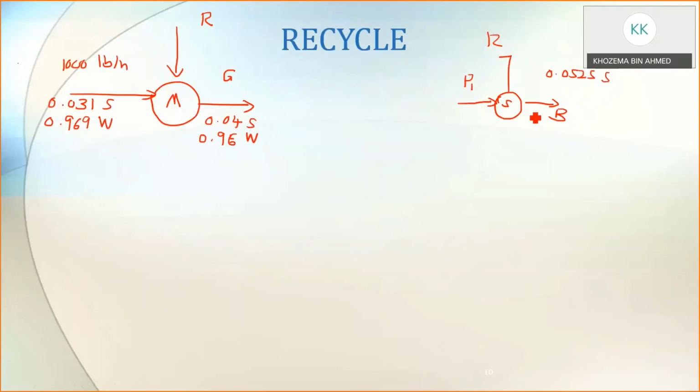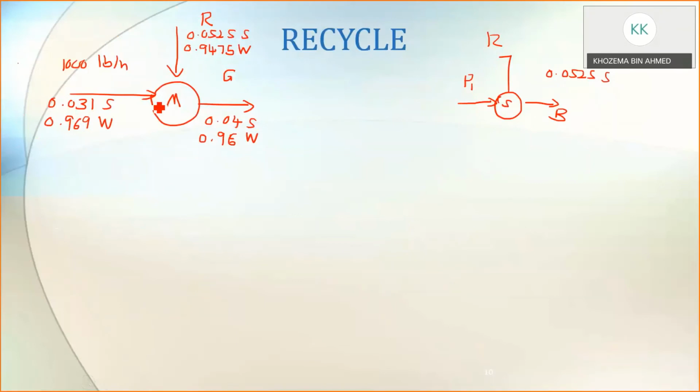Why? Because the separator only separates your flow rate. It will not disturb your composition. So if we use that logic, the composition in our recycle stream will be 0.0525 salt and the rest 0.9475 water.